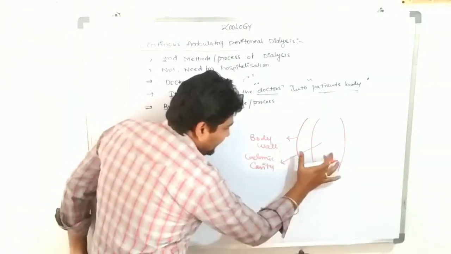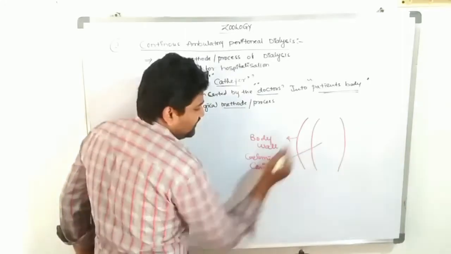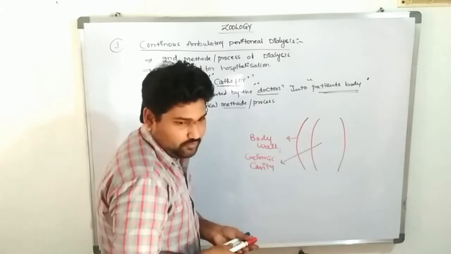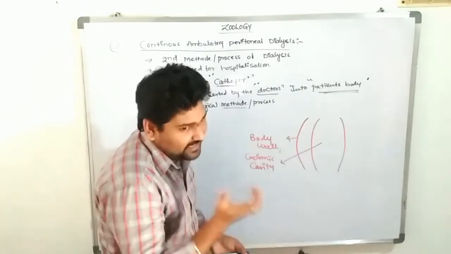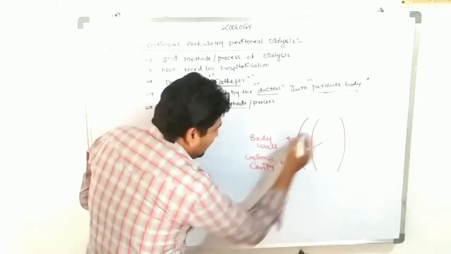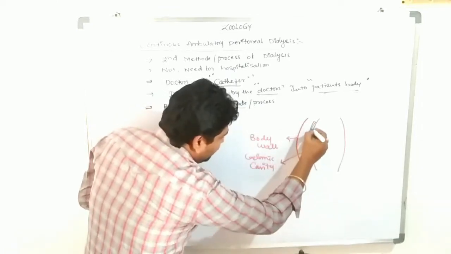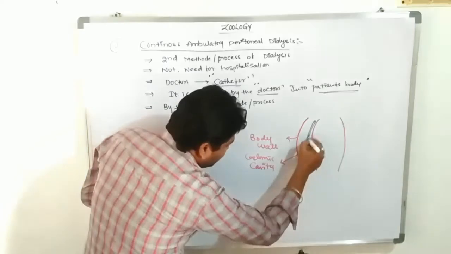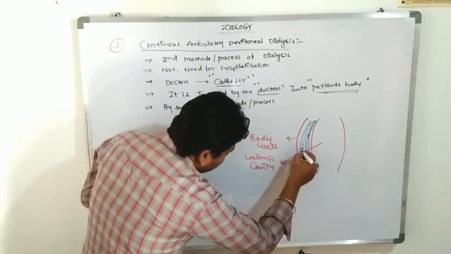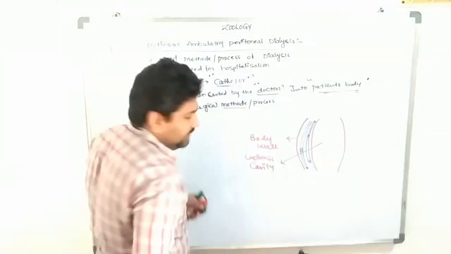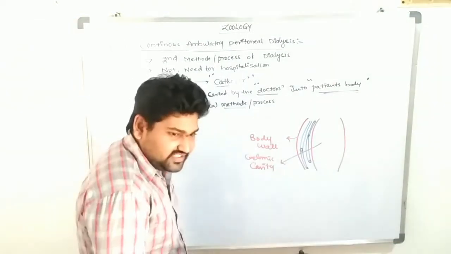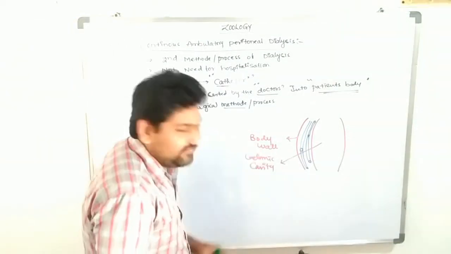The body wall contains more blood vessels and blood capillaries.